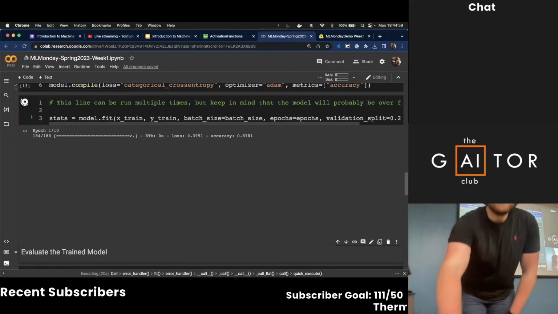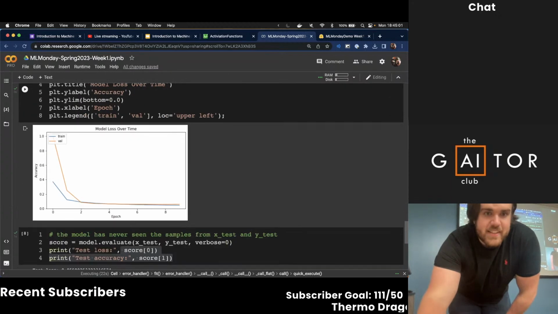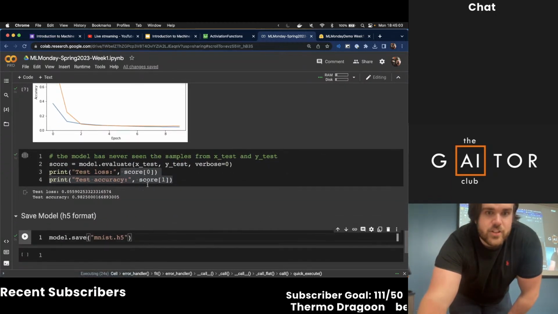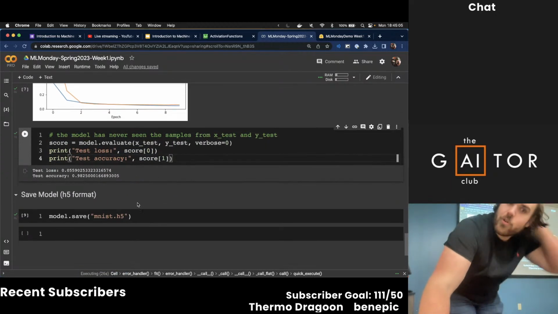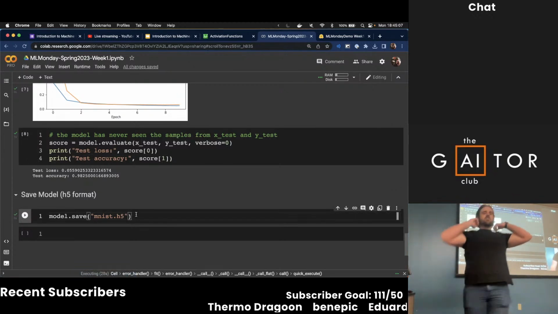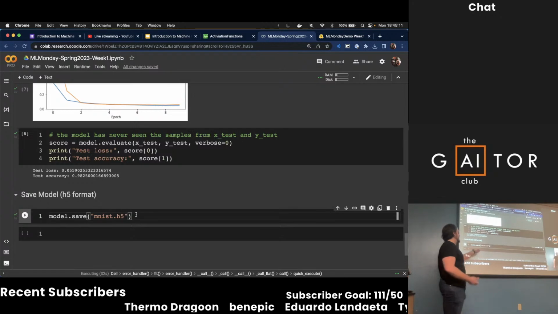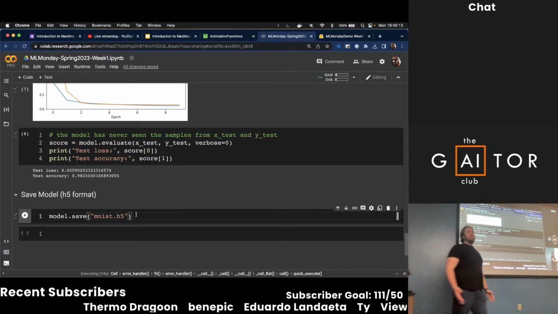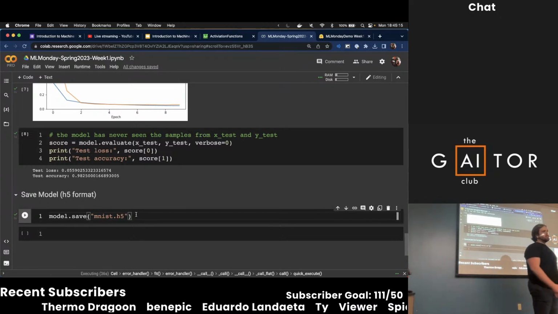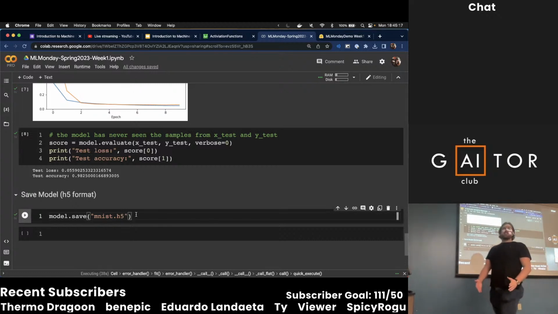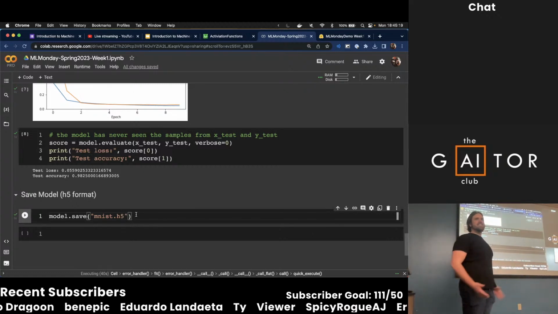Good rant. But yeah, basically something really cool about TensorFlow is that you can deploy or save your model and the structure of the model by just using model.save, and then that file you can load into anything you want. As long as you give it a 28 by 28 matrix, it will predict something.